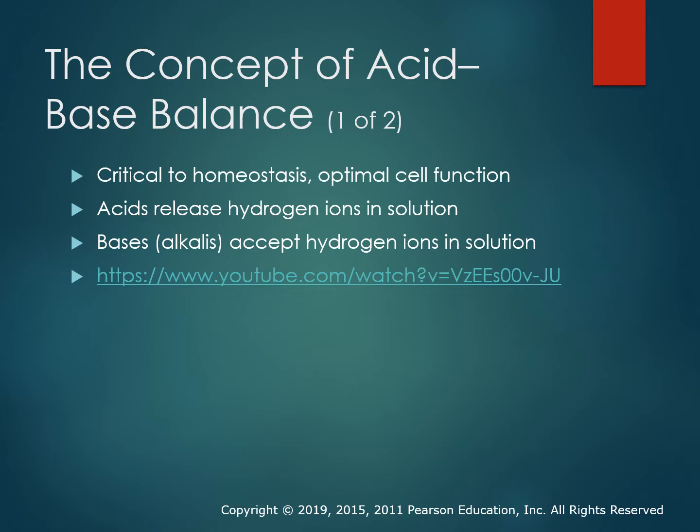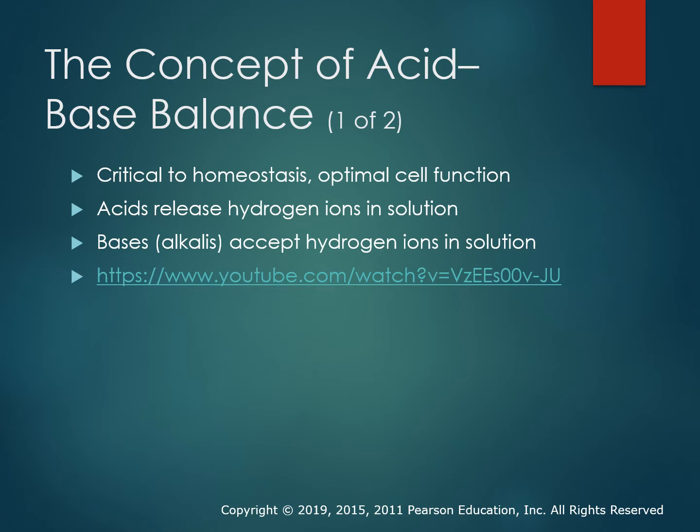Hydrogen ions determine the relative acidity of body fluids. So again, if the hydrogen ions are out of balance, it affects the acid-base balance in our fluids. Acids release hydrogen ions in solutions. Bases or alkalis accept the hydrogen ions in the solution.